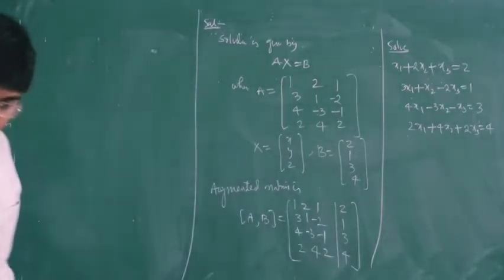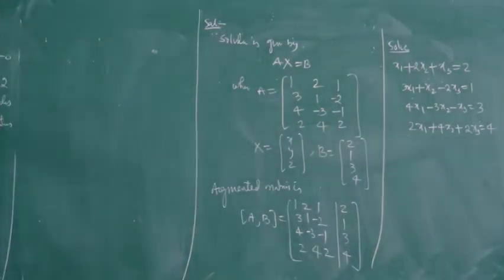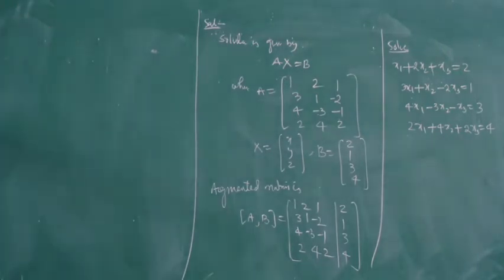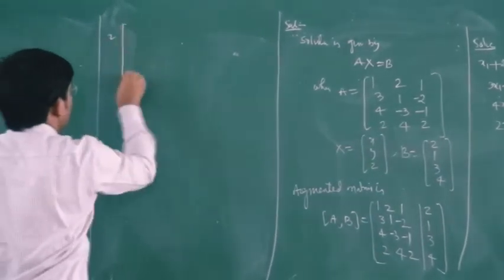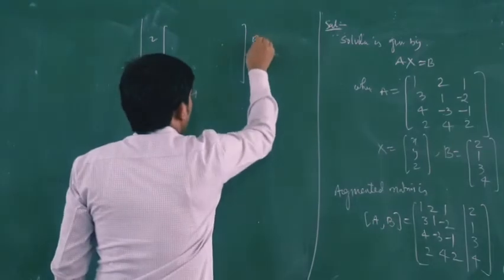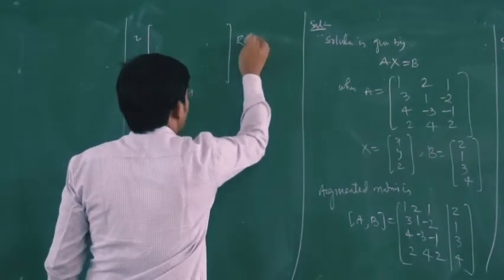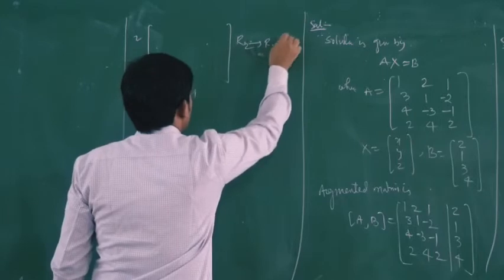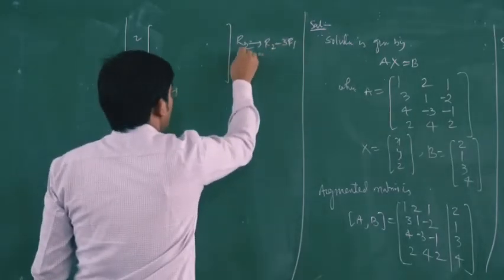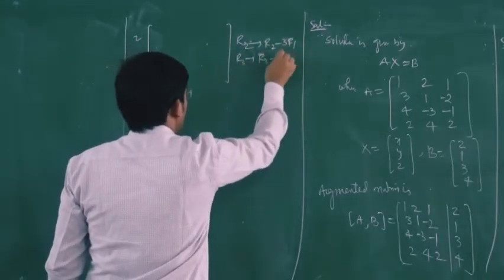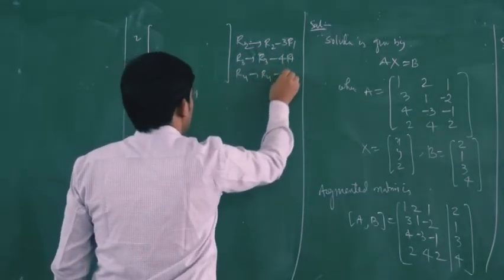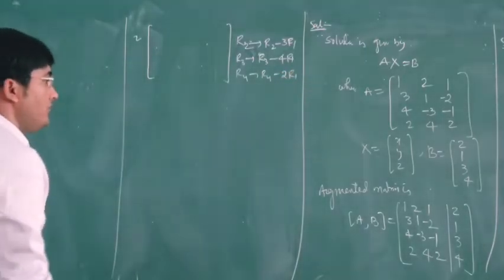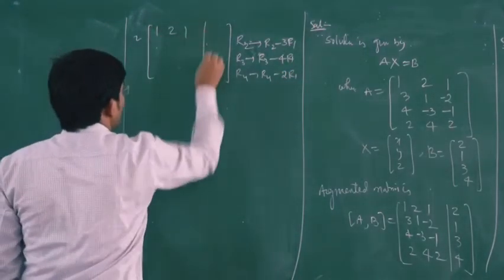Now let us find the rank of this matrix. This is equivalent to applying the operations R2 - 3R1, R3 - 4R1, and R4 - 2R1. So we have 1, 2, 1, 2.